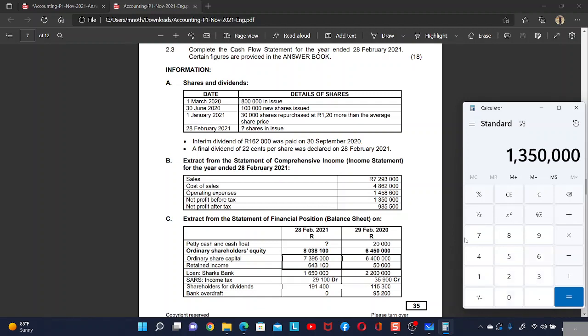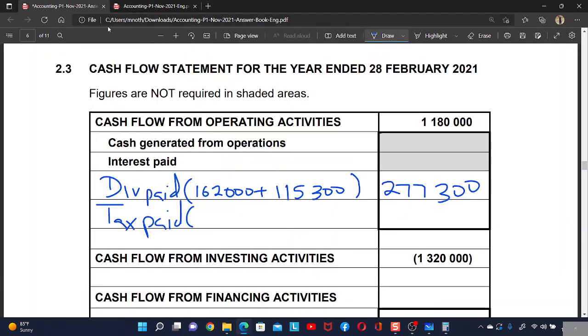So minus 985,500. Then this is our income tax, 264,500.